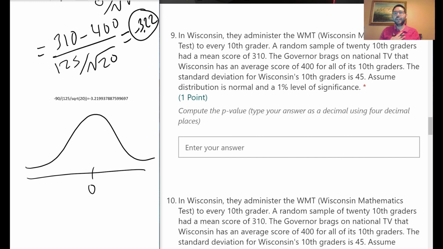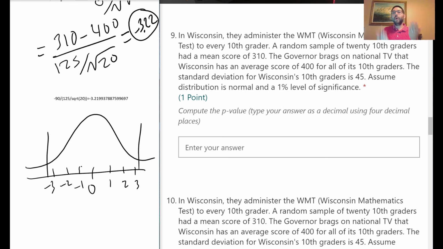Since we calculated the z-test to be negative, somewhere over here, remember it goes by ones on each side for the standard. So we got negative 3.22 here and then positive 3.22 there.